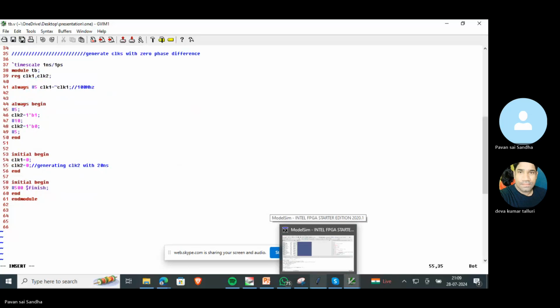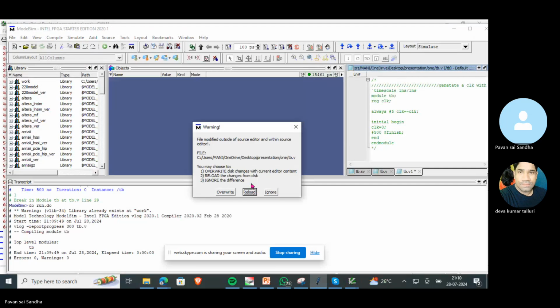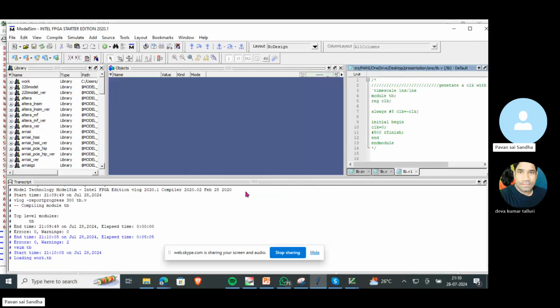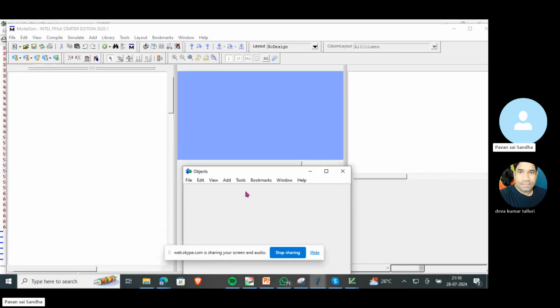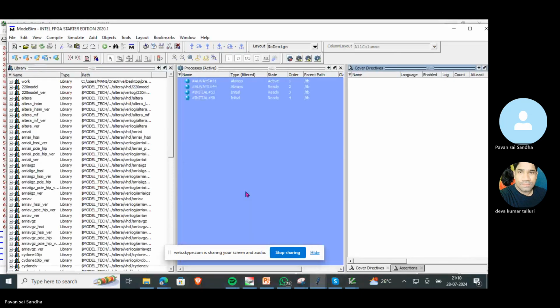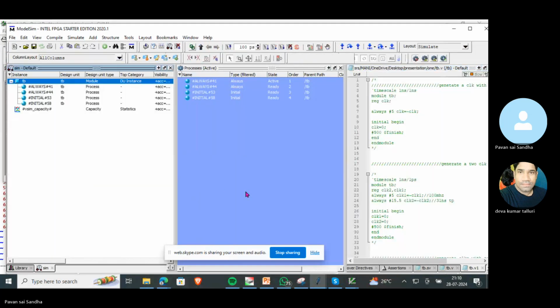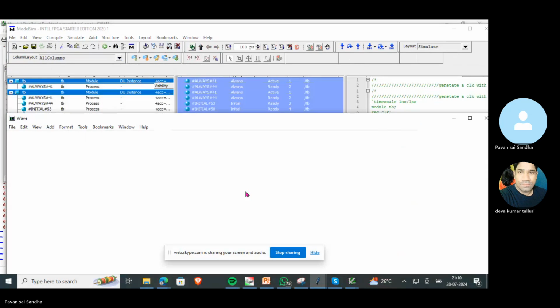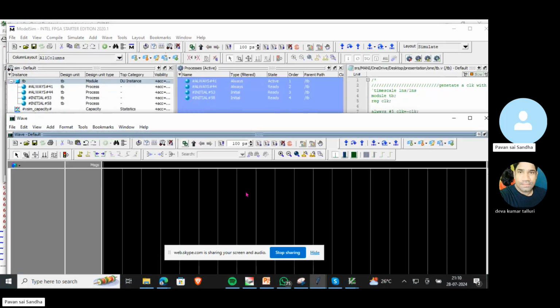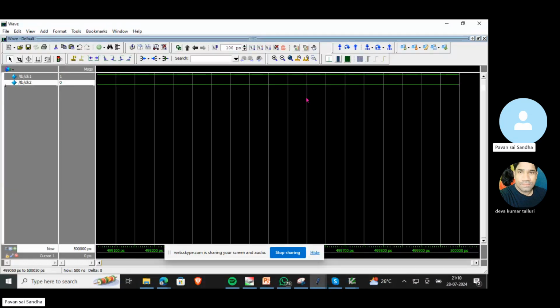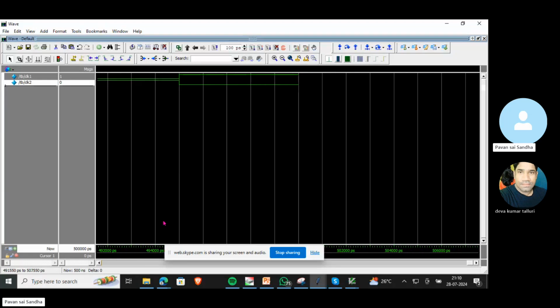It's running. And this we got output. Without phase difference, we will get here.